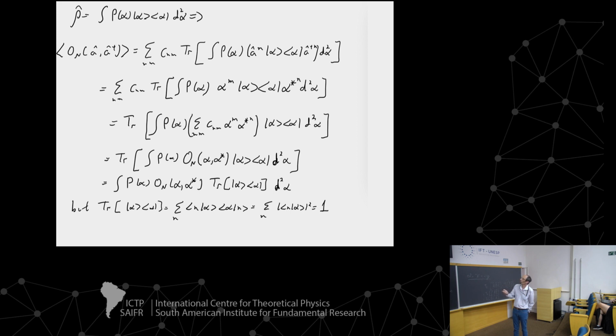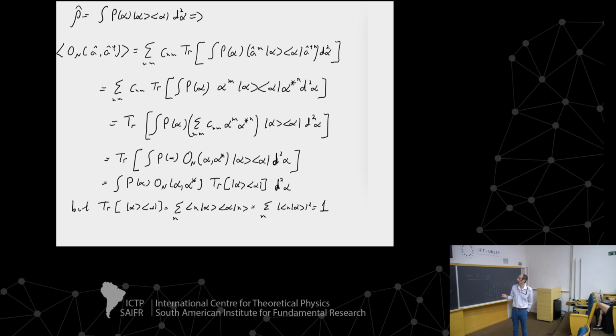So you can invert integration and summation independently. And what we have at the end of the day is that the expectation value will be the integral of your function, where we replace your operators, a and a dagger, by c-numbers, alpha and alpha star.